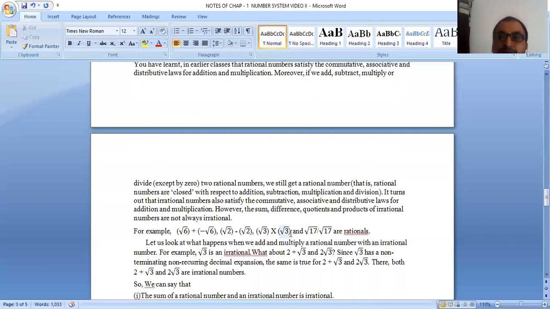Like that, root 5 into root 5, we get 5. 5 is a rational number. Now root 17 upon root 17 cancels out, so we get 1. So when we take combinations of these irrational numbers, some subtraction, some multiplication and some division, we get a rational number. Understood?